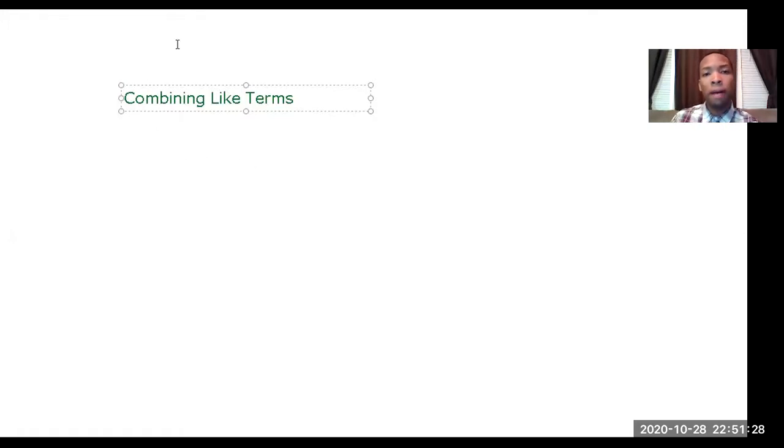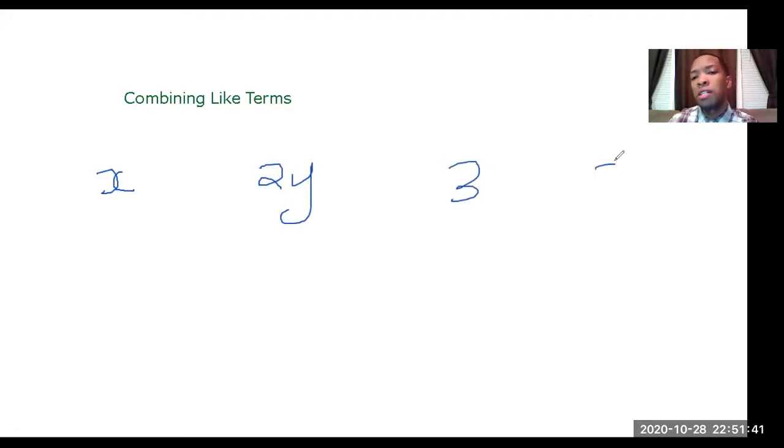So if I'm combining like terms, first I've got to identify what I mean by like terms. I'll write some examples here. That's a term, that's a term, that's a term, that's a term. Those together make a term.